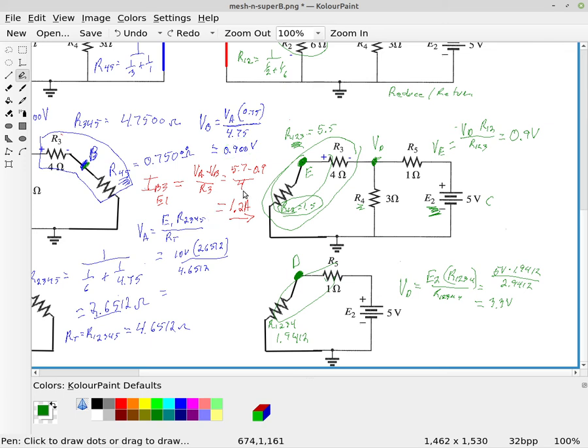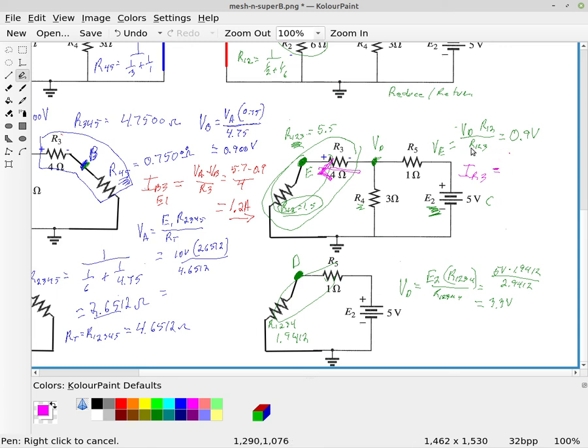All right, so we can then find the current through the resistor R3, which is right here. Now that is actually going to be going from left to right, and you can define it either way.